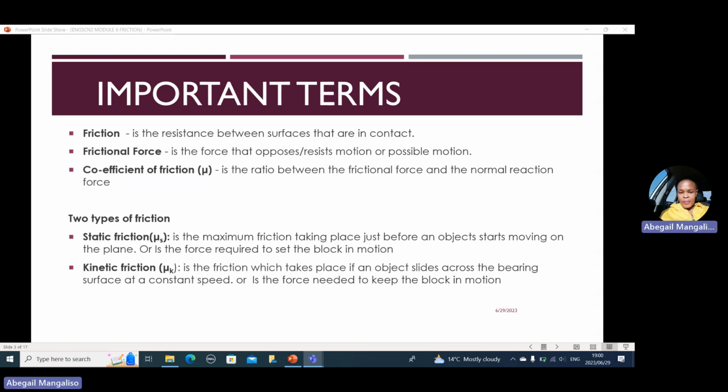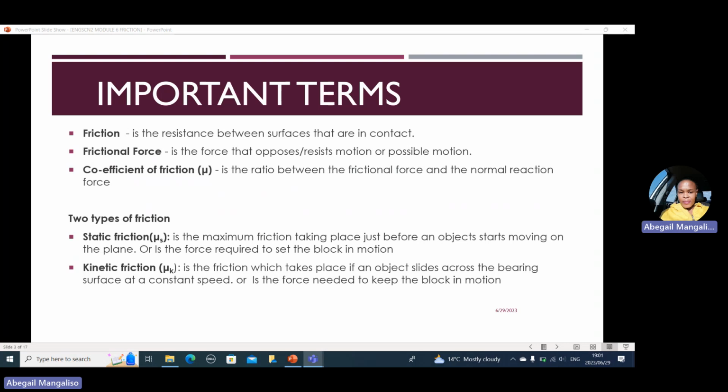Kinetic friction. The symbol that is used to calculate kinetic friction is F mu K. But the symbol for the coefficient of kinetic friction is only mu K. Symbol for static friction is F mu S. But the symbol for coefficient of static friction will be mu and the subscript S. Kinetic friction is the friction which takes place if an object slides across the bearing surface at a constant speed, or is a force that is needed to keep the block in motion.